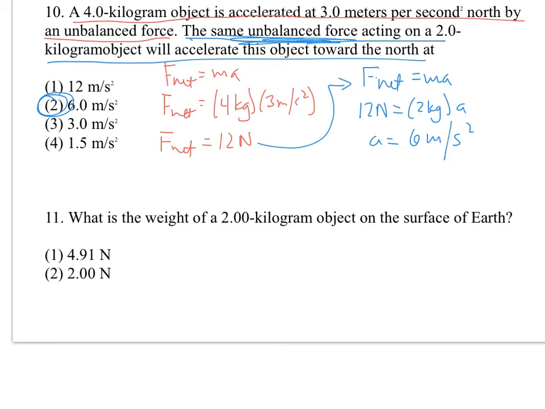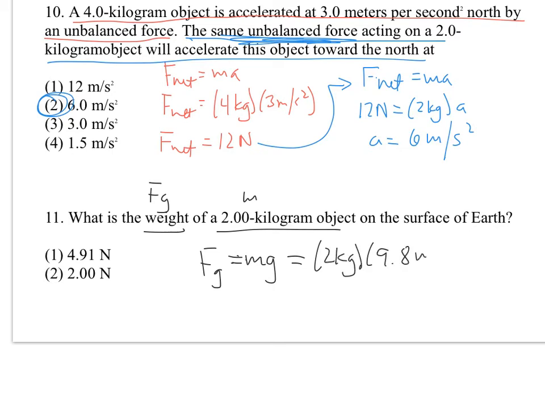What is the weight of a 2 kilogram object on the surface of the Earth? So this 2 kilograms is our mass. Weight is F of g. Use this equation. F of g is what we're solving for, so m is 2 kilograms times g, which is 9.8 meters per second squared. 2 times 9.8 meters per second squared is equal to, so it should be 19.8.